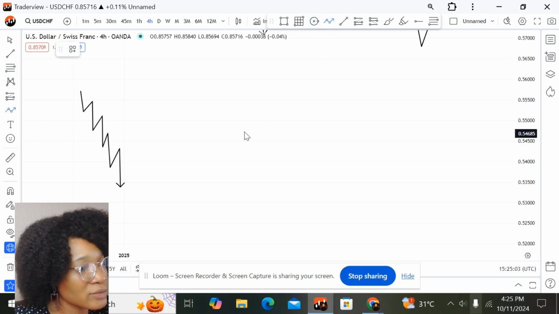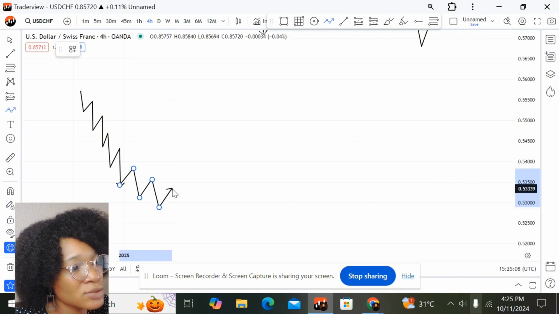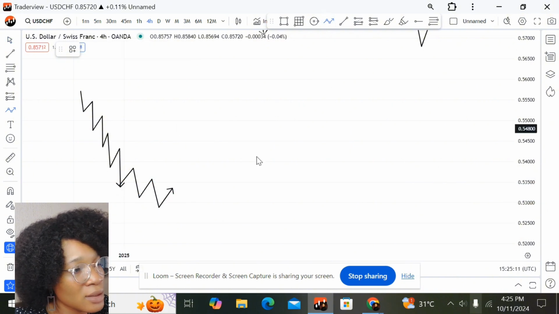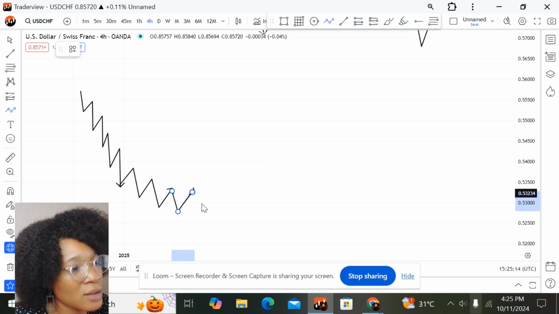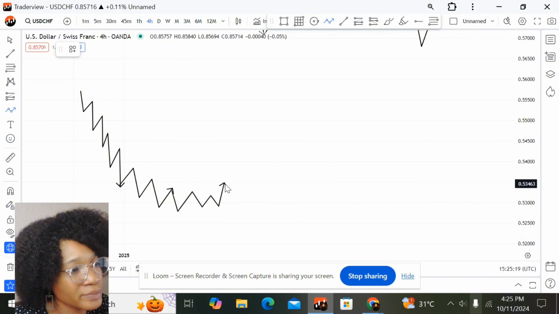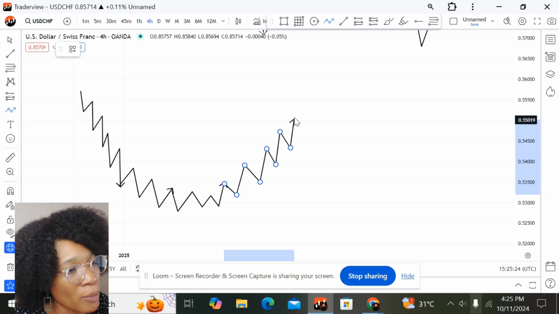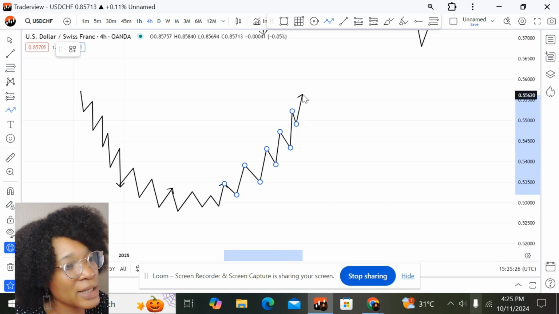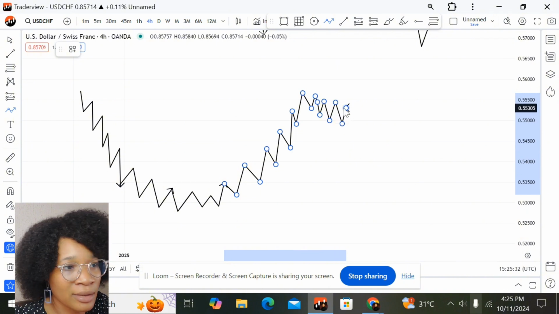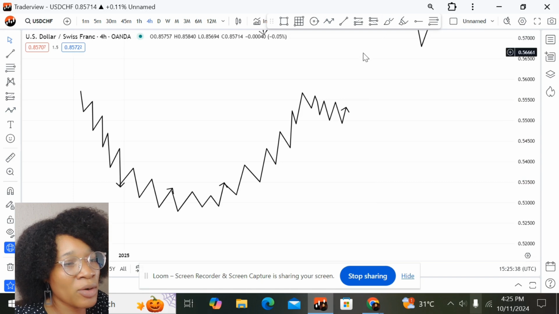You see a series of lower lows. So you see something like this. You see a round figure showing like a cup, and then it will get somewhere here and give something that looks like a flag, signifying a cup and handle pattern.